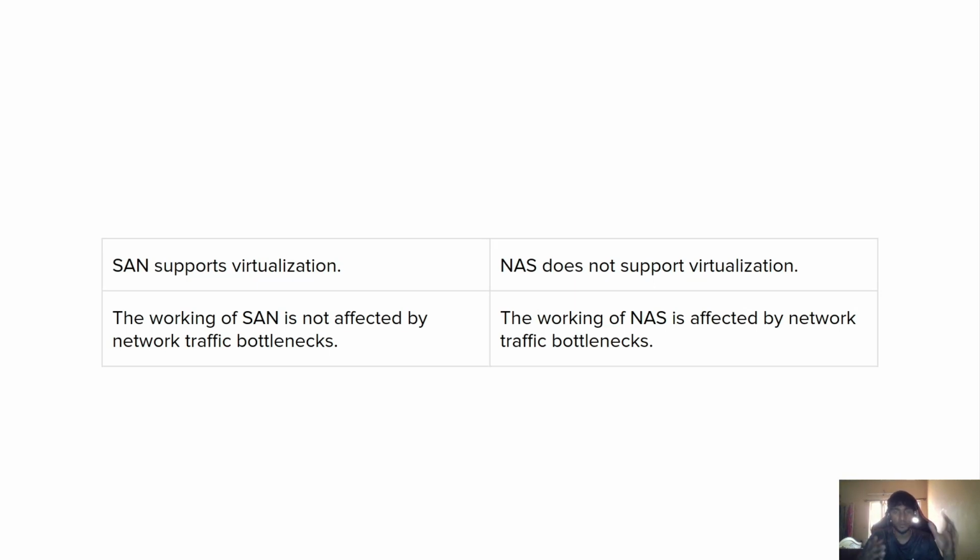You might feel there is just one storage unit, but behind it in the physical world, there are multiple devices working together to bring about this virtualization. NAS does not support virtualization, whereas SAN does. The working of NAS is affected by network traffic and bottlenecks, and the working of SAN is not. So these are the differences, you could say.